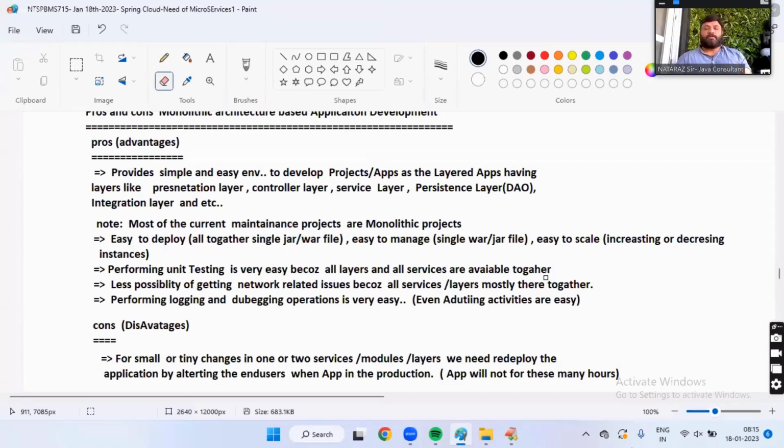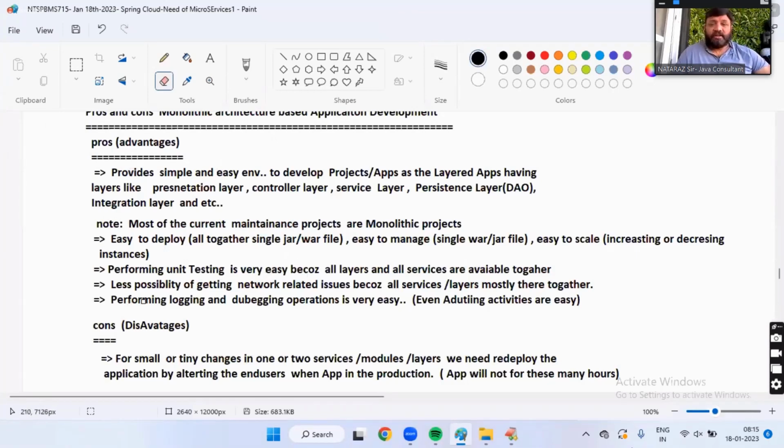It's the developer's responsibility, right? So unit testing becomes easy.